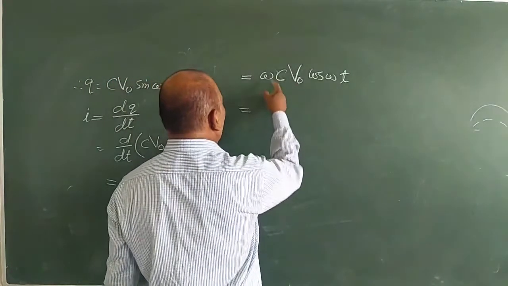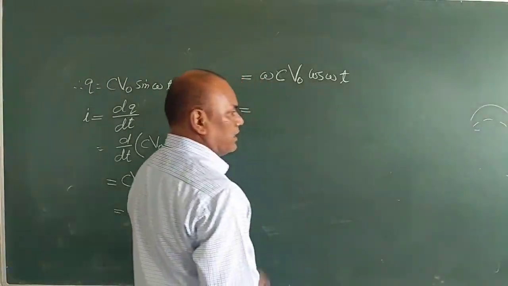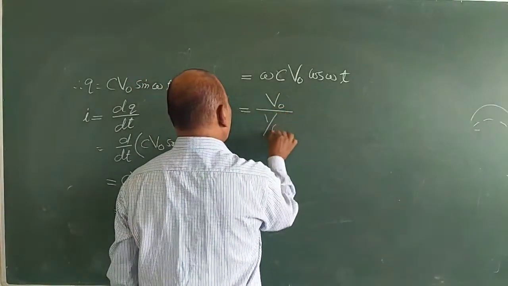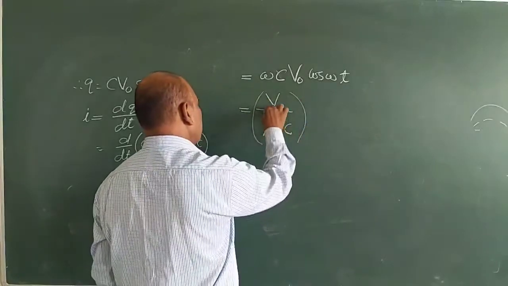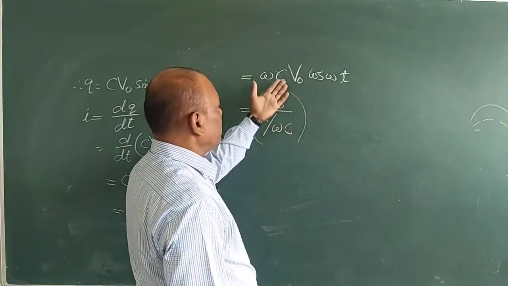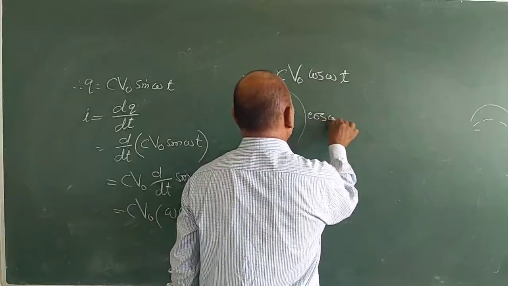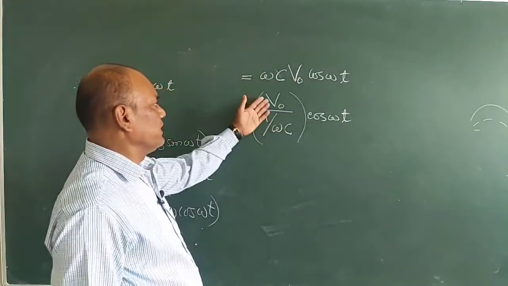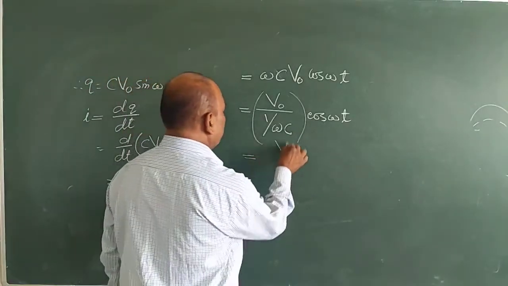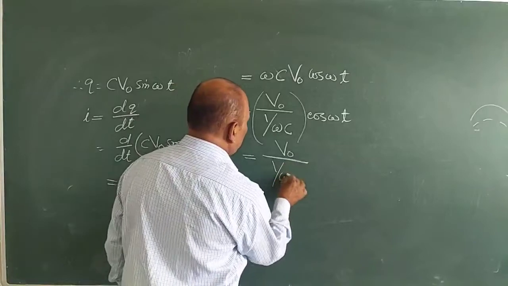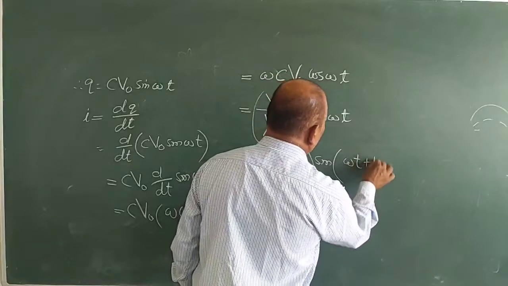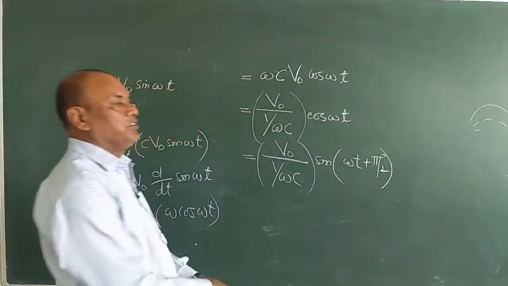This can be restated as V0 upon 1 by omega C, into cos omega t, and that is written as V0 upon 1 by omega C into sin omega t plus pi by 2.